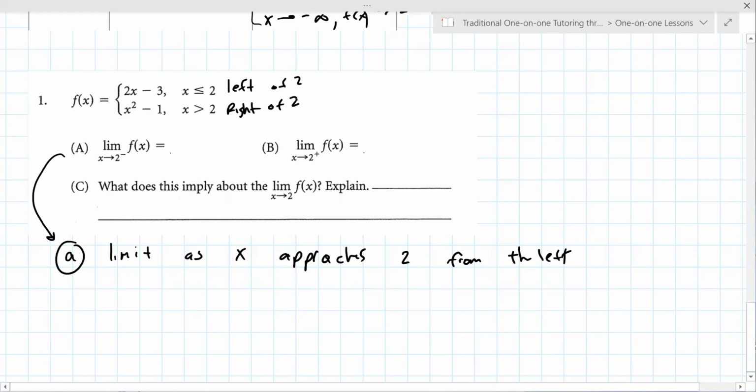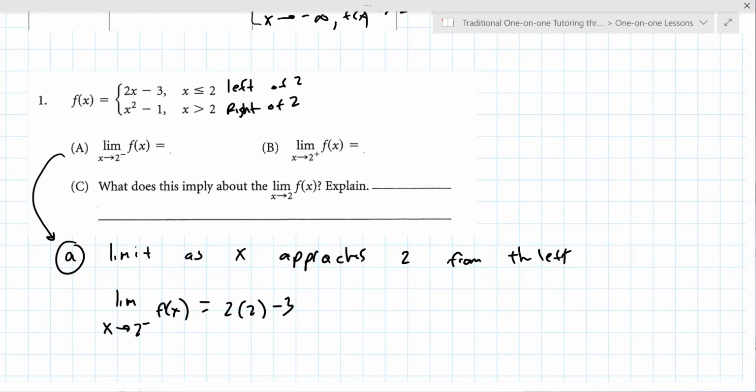The first thing you always do with a limit is just put that number in for x. So for part A, you have to put 2 in for that. Okay, so it's 2 times 2 minus 3. So it's 1. Yes.